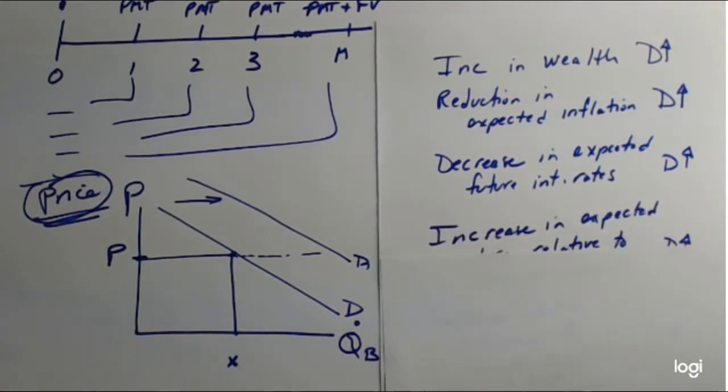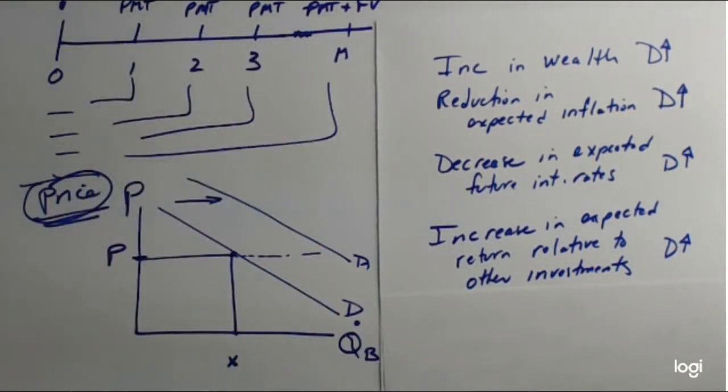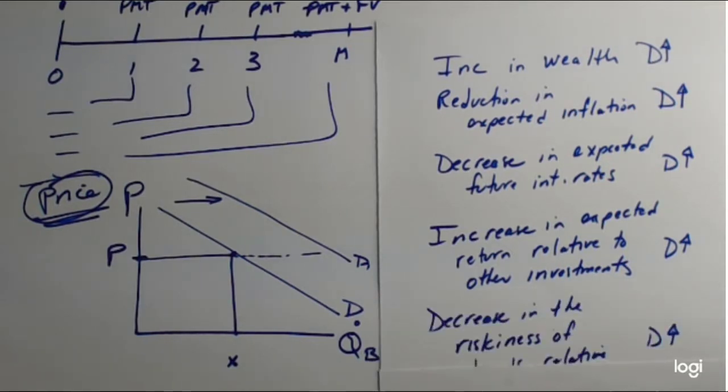Now, the next one is if there's an increase in the expected return relative to other assets. So if the return that you're getting here, the annuity payment plus the face value, is higher than other investments of comparable risk, and I should make that point, of comparable risk, then demand is going to go up. That's pretty intuitive.